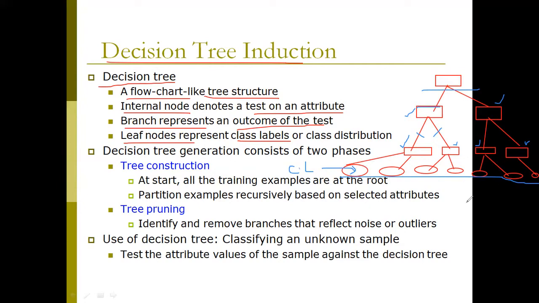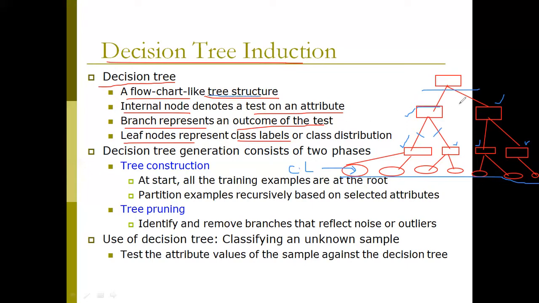So this is one kind of decision tree. In this decision tree, we are representing the internal nodes in the form of rectangular boxes, and the leaf nodes are represented by using ovals here. A decision tree is one kind of flow chart, like a tree structure.